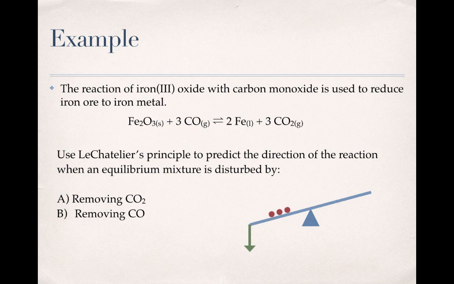So again, when we remove something, the reaction wants to shift in a direction that will replace it. By removing a reactant, we're going to have a slower forward reaction, and the reverse reaction is going to be faster now, and it's going to try to replace what was removed from that reaction. So here the reaction would shift to the left, or towards the reactants.